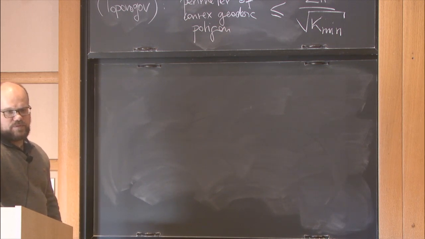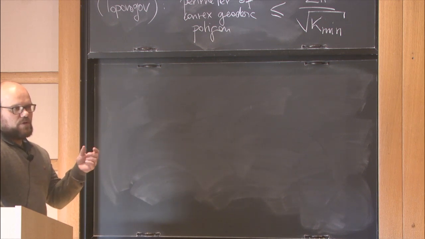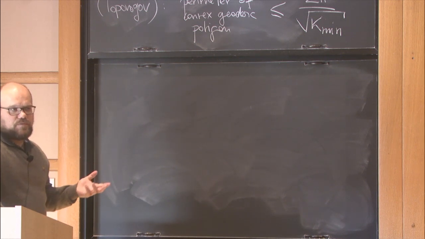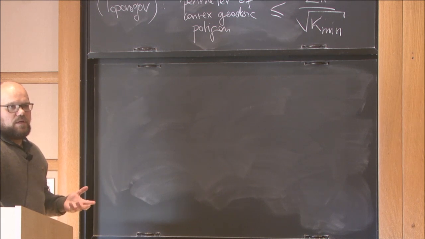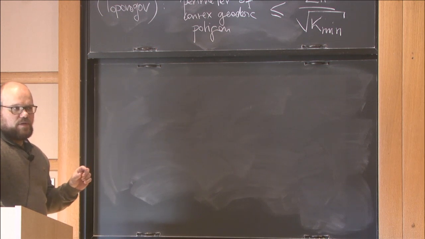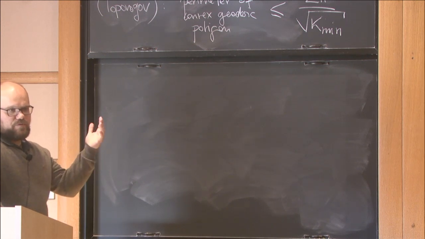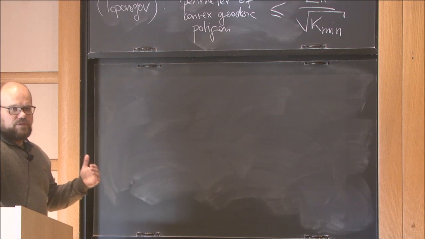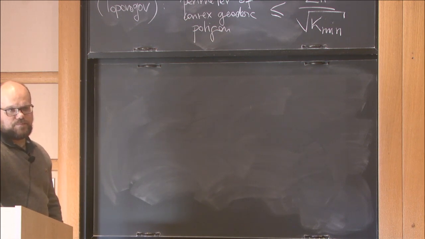You might do this thought experiment: try to draw a geodesic triangle in a sphere of a certain radius, and then draw another geodesic triangle whose sides have the same lengths as the previous triangle, but in a sphere of larger radius, and you see that in the sphere of larger radius, the angles are smaller.